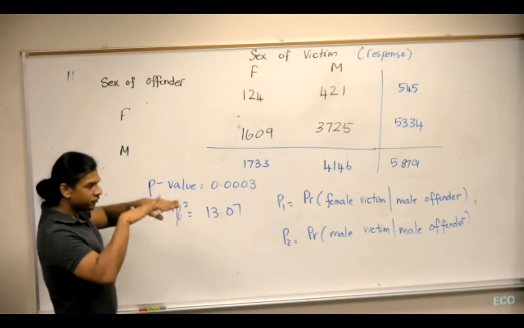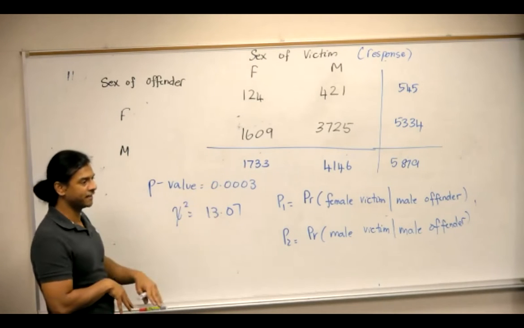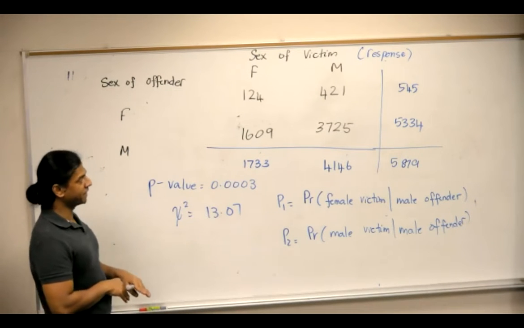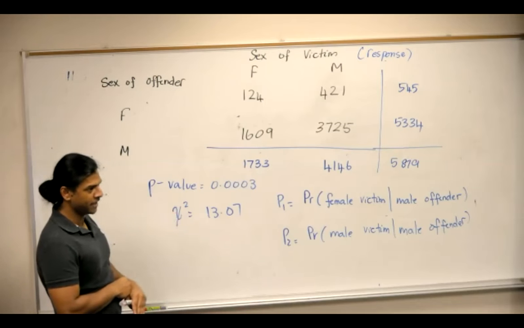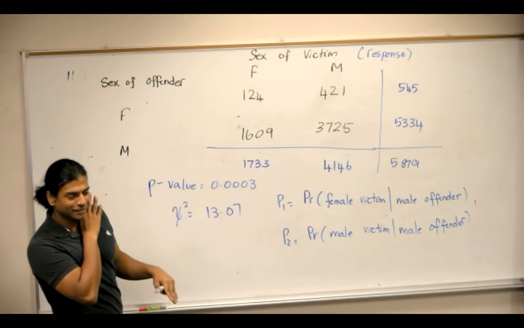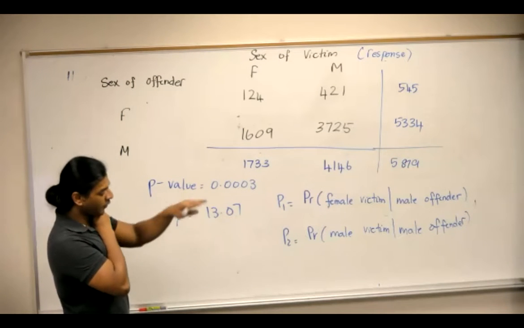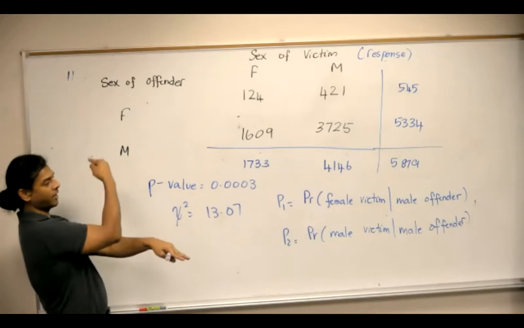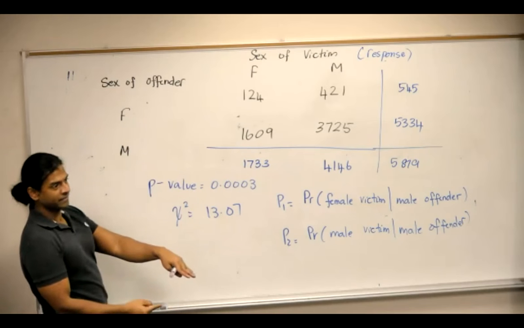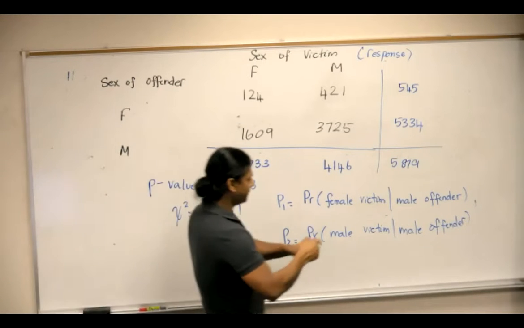In other words, which group are we looking at? Male offenders or female offenders? Male offenders. How many male offenders do we have? 5,334. Relative to those male offenders, we want to know how many of them had female victims, correct? That's what conditioning means. Got to read, people.